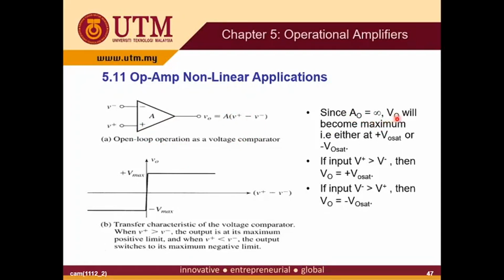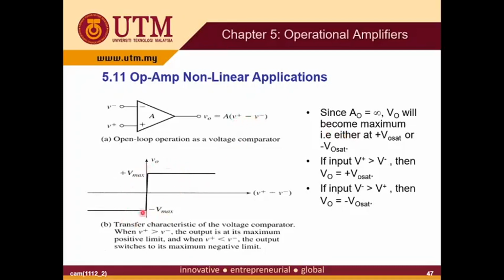Since A is infinity for the ideal op-amp, V out will become maximum. So V out is also infinity, but you need to decide whether it is positive infinity or negative infinity. How we decide the polarity is based on V plus minus V minus.